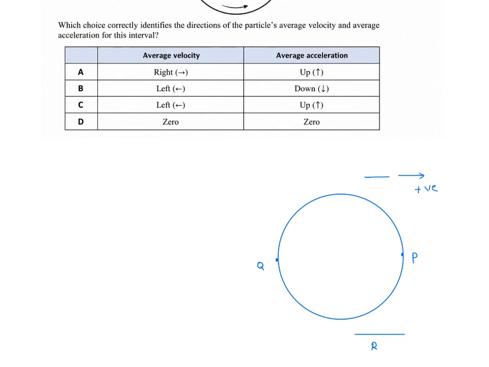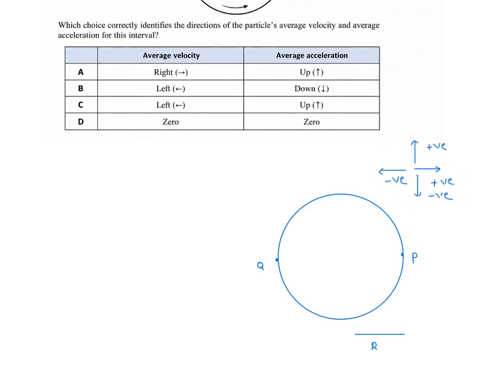And if the particle is moving towards left or if its displacement is towards left, then I will consider it to be negative. Similarly, if the particle is moving upward, it will be considered as positive, and if it is moving downward, then it will be considered as negative. So this is the sign convention that we are going to follow.